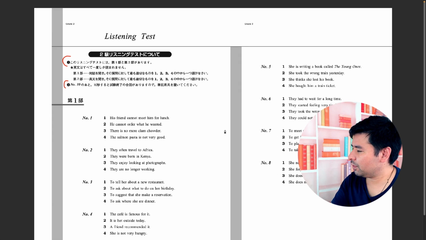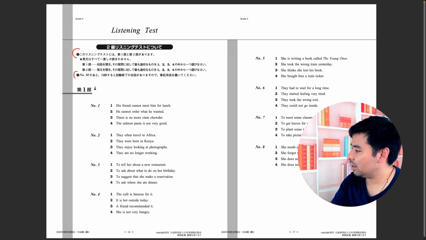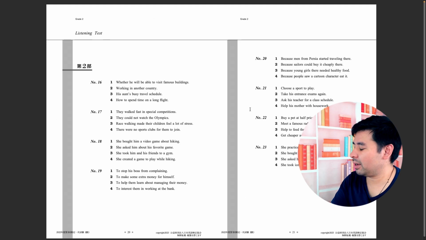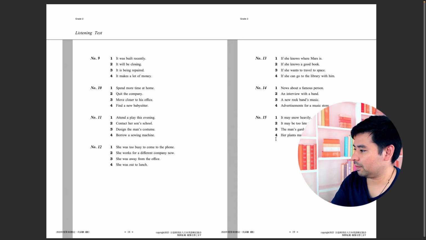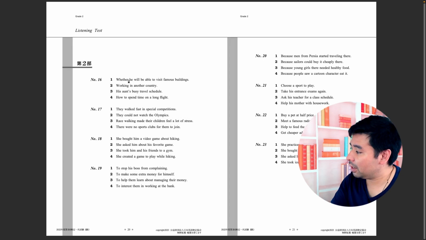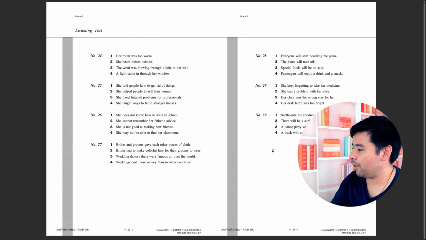In the first part we have number 1, number 2, number 3, number 4, and it goes until 15 actually. This is the last of the first part. Then there is another audio that we're going to listen to, from 16 to 30.